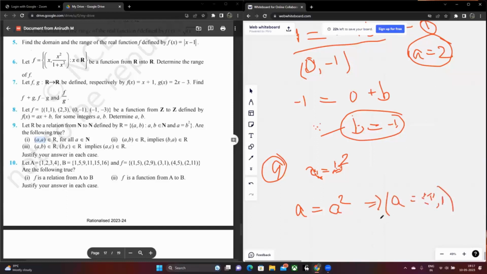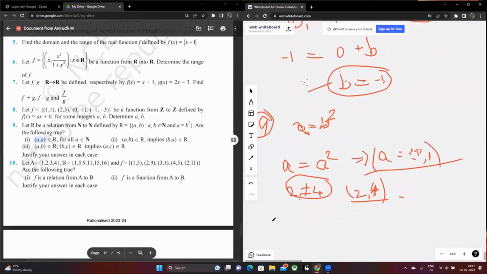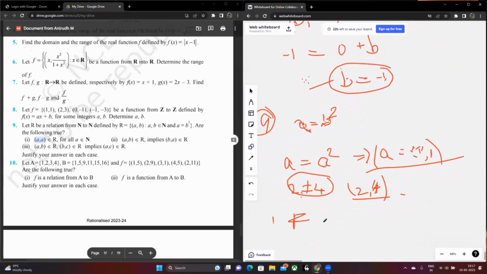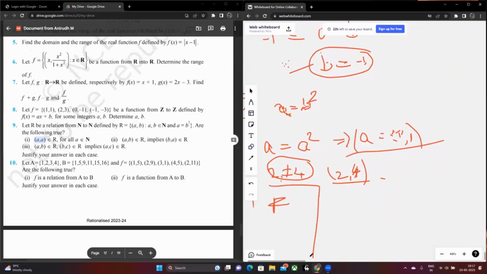You cannot have any other number for a, because if a is 2, then a squared is 4, which means 2 equals 4, which is not possible. So (2, 4) is not a pair in R. So (a, a) belongs to R is basically false. 1 is false.